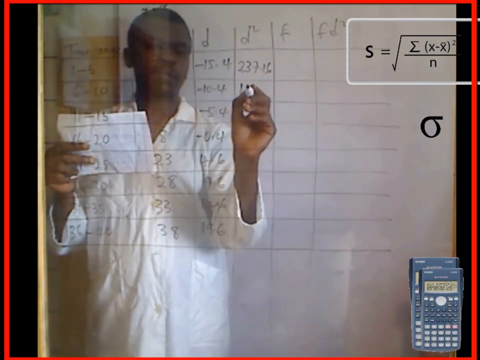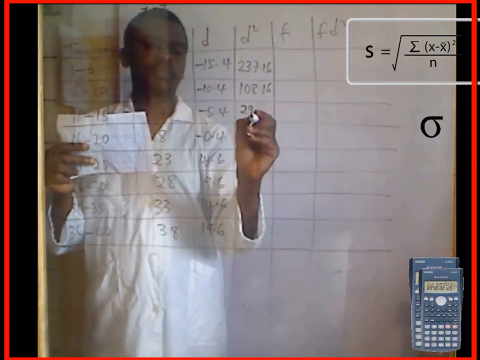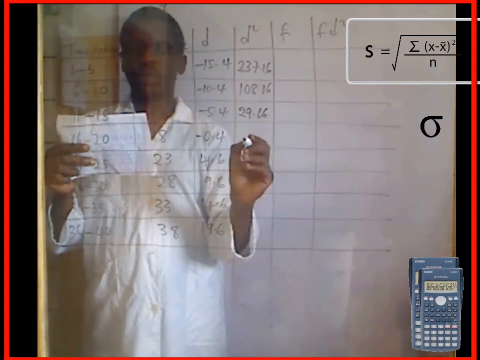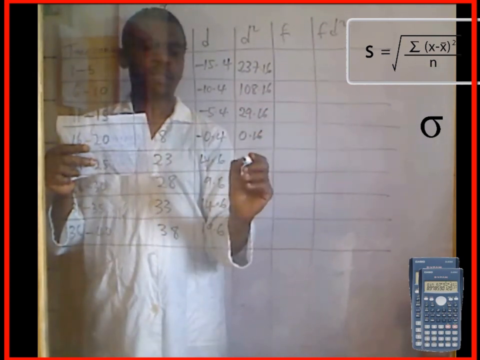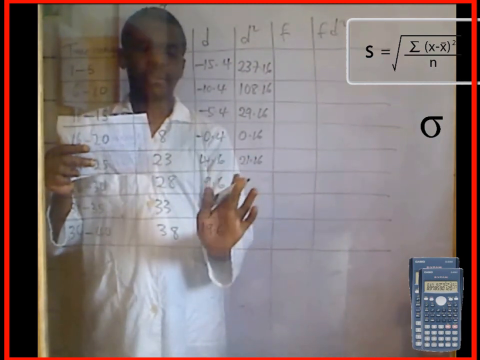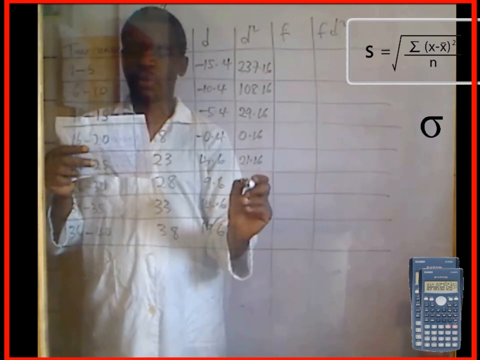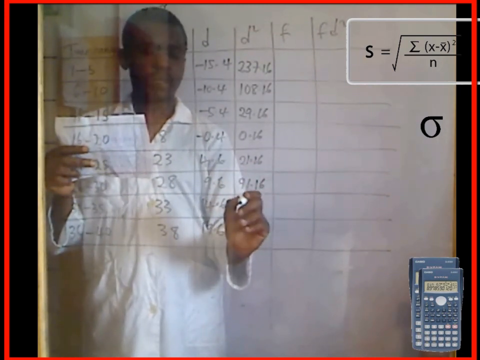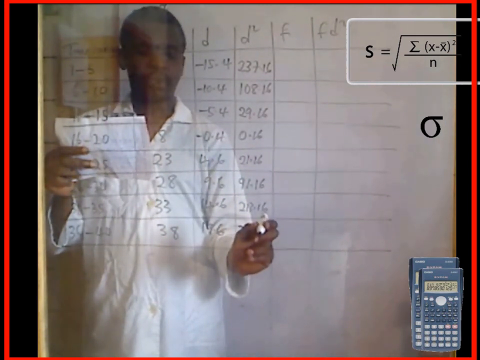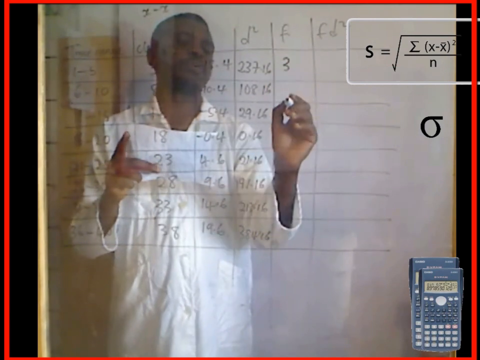This is 108.16, 29.16, 0.16, 21.16, 91.16, 213.16, 384.16. I recopy the frequencies.